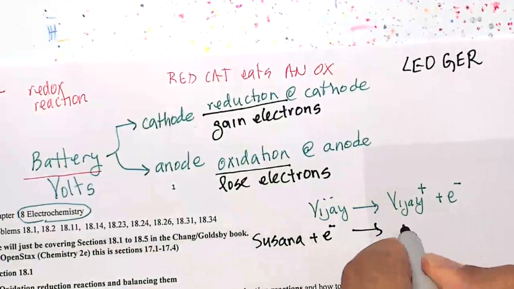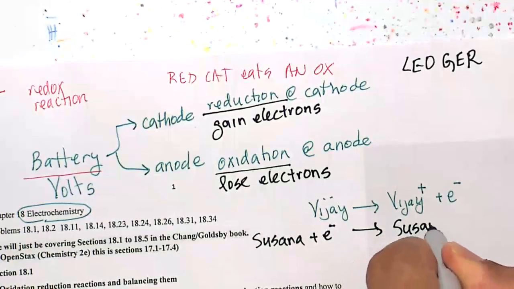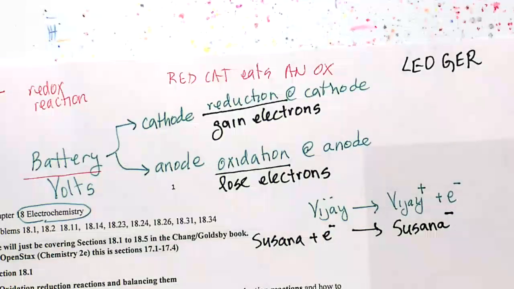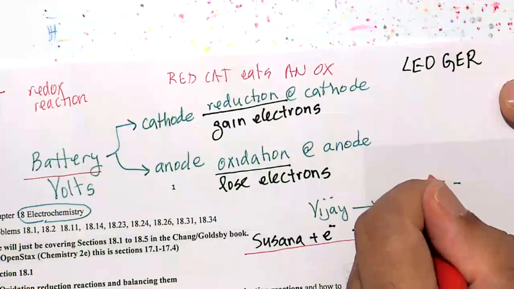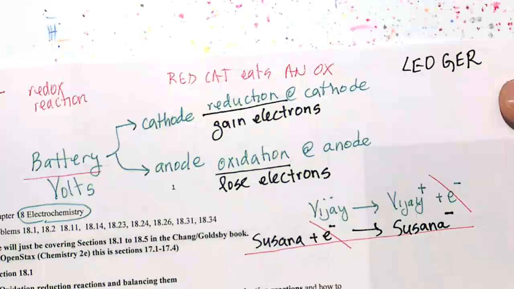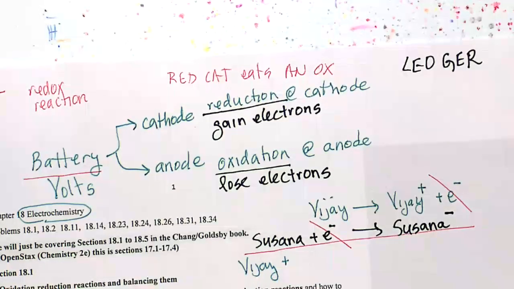Susanna takes that electron and becomes herself negative. So what is the net of this reaction? This electron in the product side cancels this electron on the reactant side. So our net redox reaction is VJ plus Susanna in black ink.